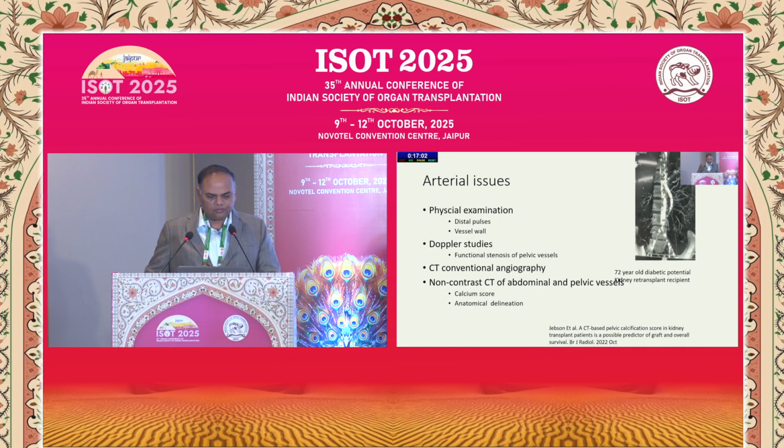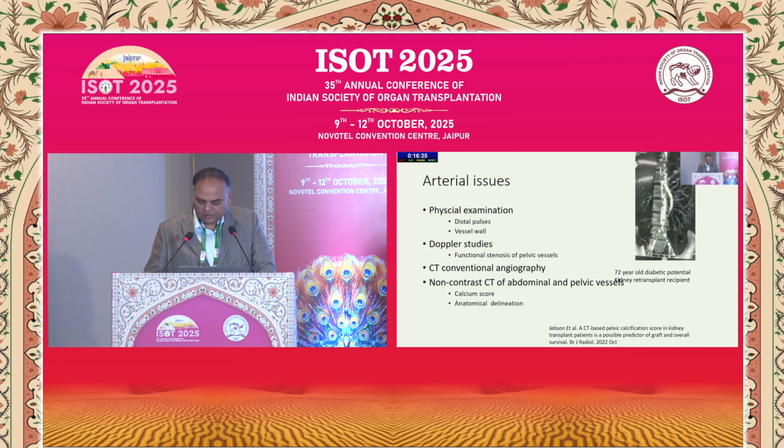When we look at the arterial issues, the most important thing is the clinical examination of the patient. Look at the patient as a whole. Sometimes they will have blackening of their lower limbs. That's a red flag. You have to check for pulsations of dorsalis pedis and tibialis posterior.